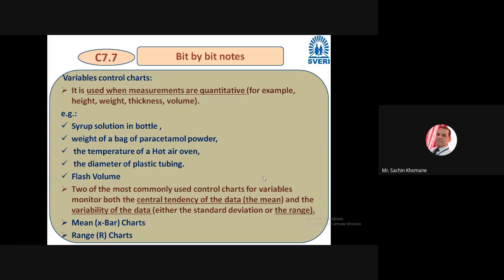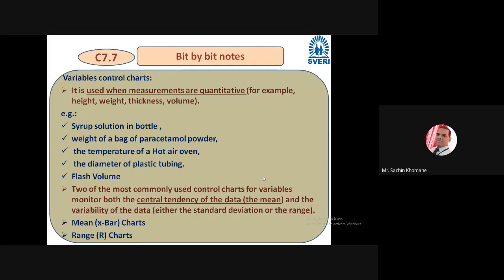Or range in statistics, how to calculate range. Okay, in the coming discussion we'll have it, because we have to see those charts. I don't know whether you are knowing it, so well and good.